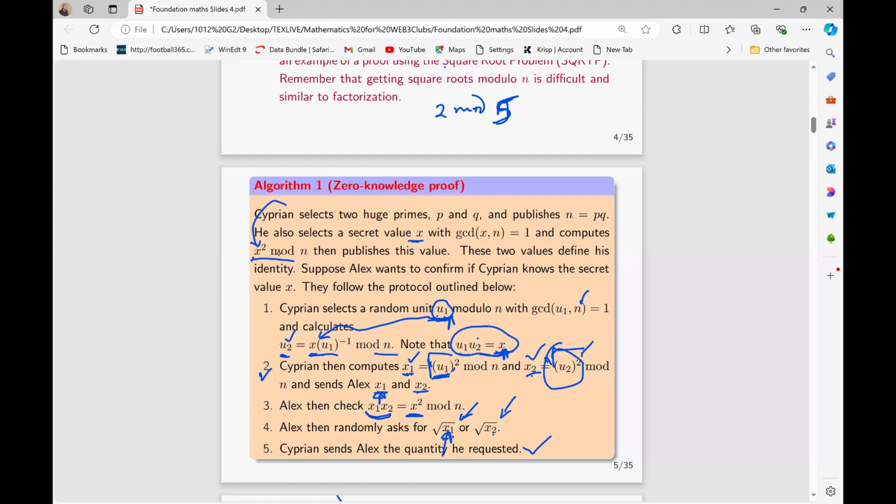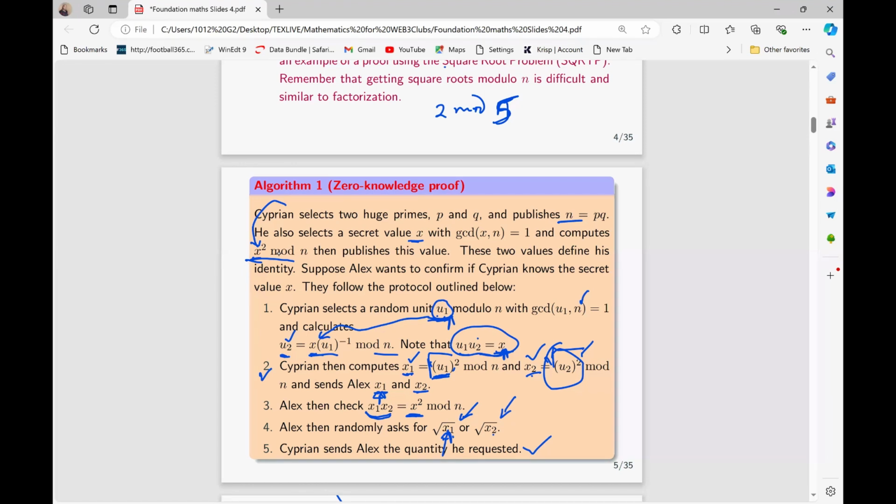And in fact, it becomes very complicated if n is a huge number. So n was made public, x squared was made public, but the people who have it cannot get the square root. They cannot get to know what x is.